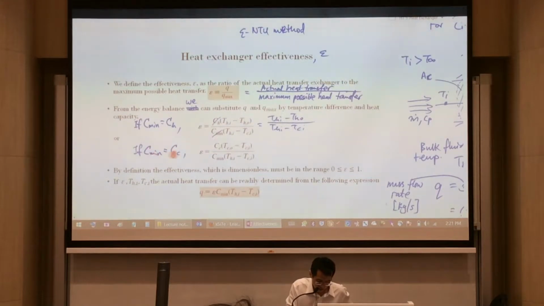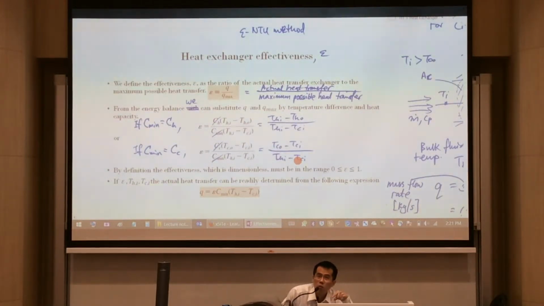And if C min is equal to CC, these two terms could cancel off, leaving you with TCO minus TCI divided by THI minus TCI.